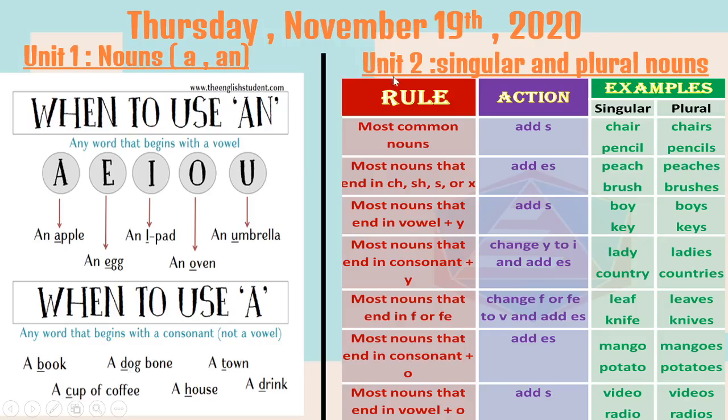Okay, so now let's move to Unit 2, where we talk about singular and plural nouns. So here is the rule, here is the action, and here is the example. When you use a singular noun, we need to use a or an, right? But if you use a plural, you cannot use a or an.